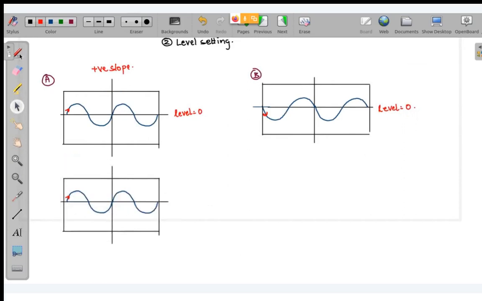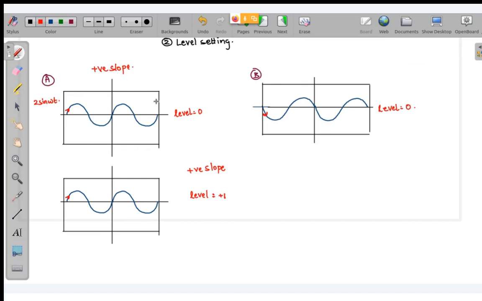See, if I told you that here positive slope and level, let us assume it is positive, or I am telling it is +1. Let me assume that this signal is 2 sine omega t. So average value is what?